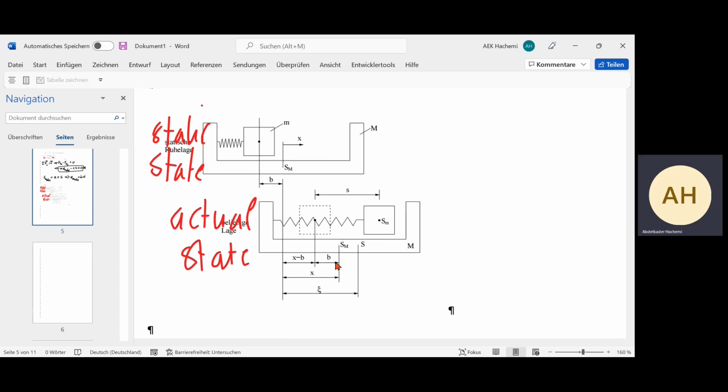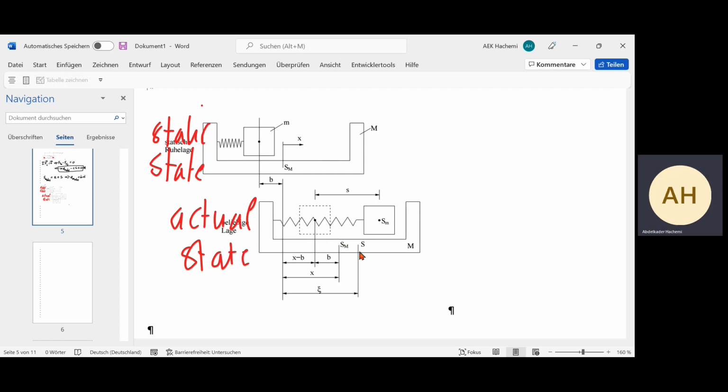Now this is B, which means it covered x. The rest here is only x minus b. When the mass m moves to this position, I call it Sm, the new position of the gravity center of the small mass m.